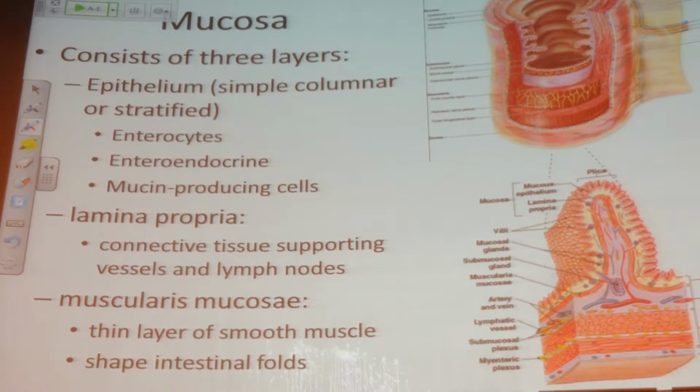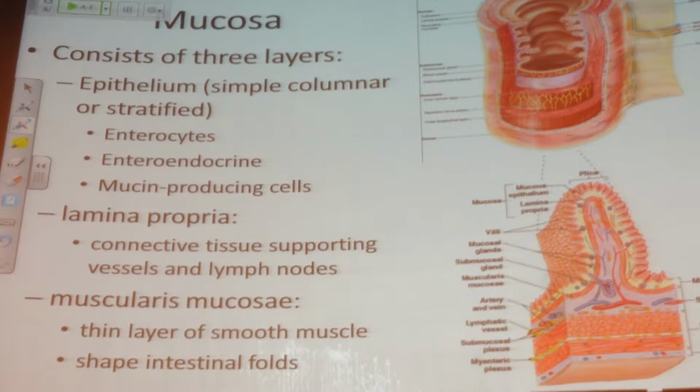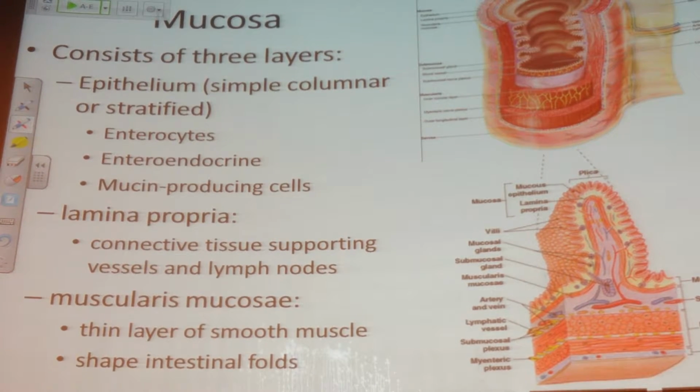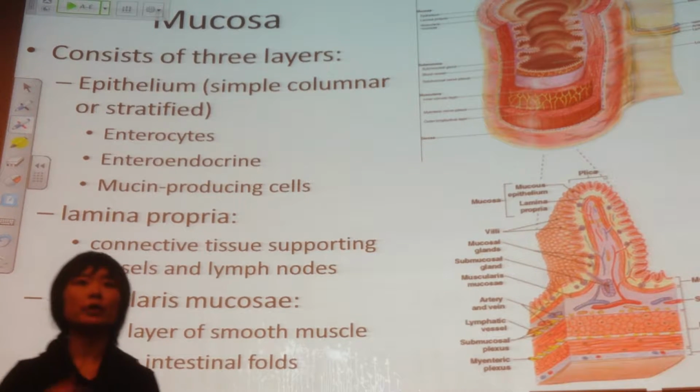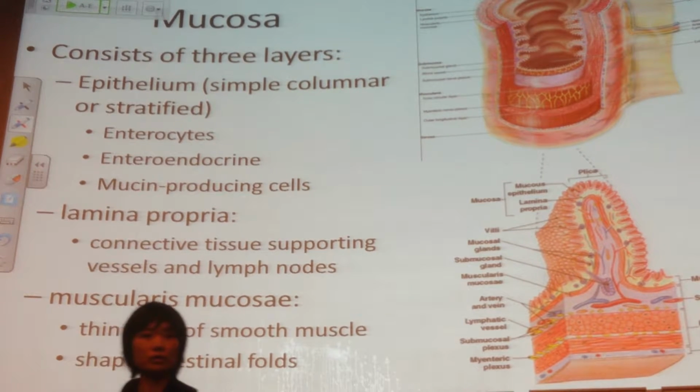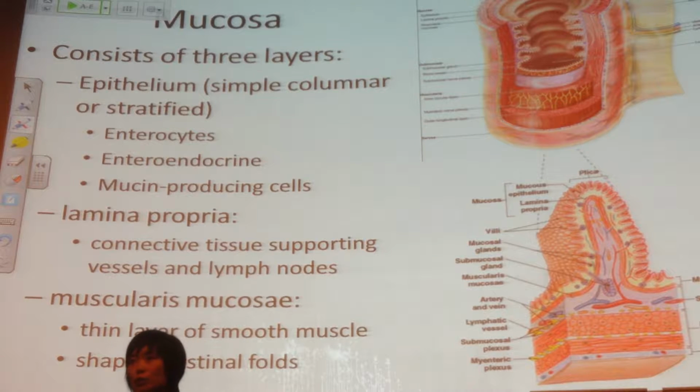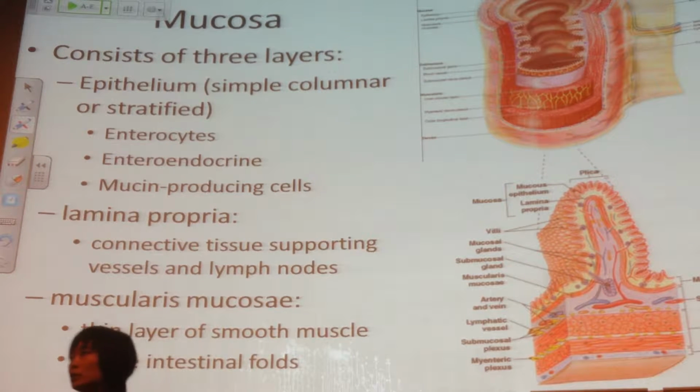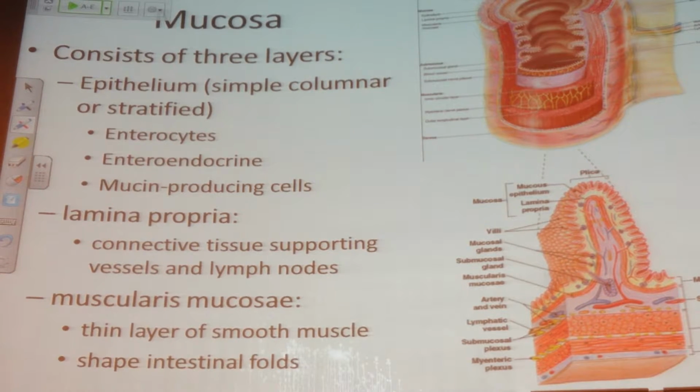So let's take a look at the first inner layer, mucosa. Imagine what this mucosa really has to do. Because it's letting food go by, and our job in the digestive system is mainly to absorb food, the first layer has an absorption function.